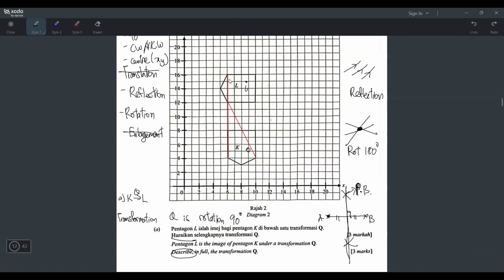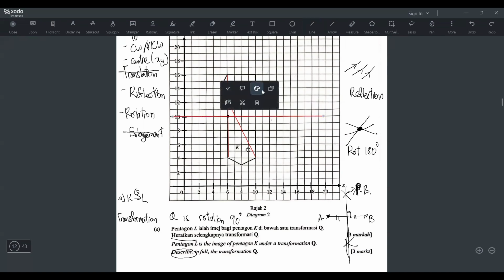So let's count how many points. 1, 2, 3, 4, 5, 6, 7, 8, 9, 10, 11, 12. So there are 12 units, right? Garisan ni panjang dia 12 units, right? So what is 12 bahagi 2, the middle? So 6. So 1, 2, 3, 4, 5, 6. So here lah, right? So that means the perpendicular bisector of this line will be from here to here, right?